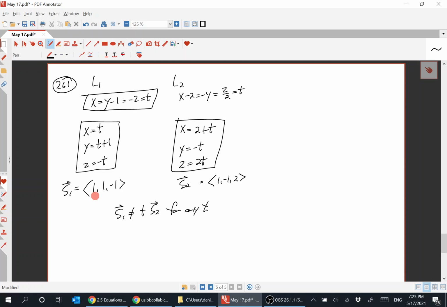If s1 was equal to t times s2, because that's 1 and that's 1, that t has to be 1. But if t is 1, well, 1 times 1 is not negative 1, and 1 times negative 1 is not 2. So it just doesn't happen here. So these are not parallel.